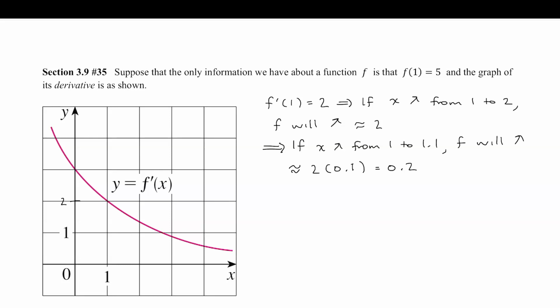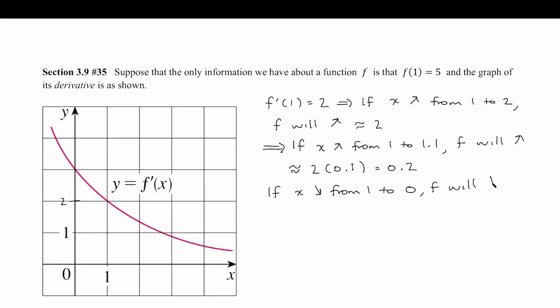So it will increase by about 2/10. If y is expected to increase by 2 for an increase of 1 in x, then it will increase by 1/10 of that for an increase of 1/10 in x.